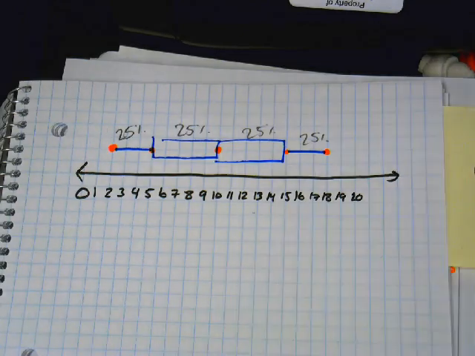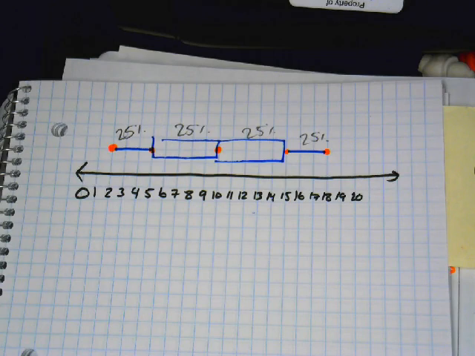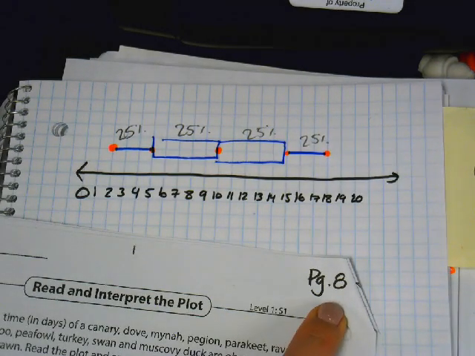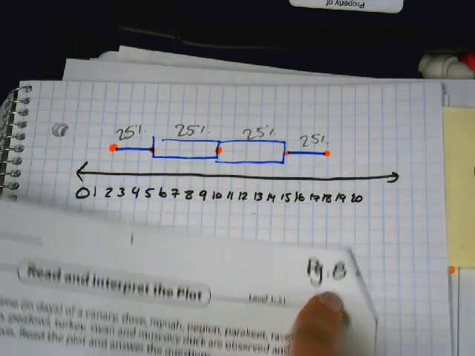All right. We're going to go into the packet. We're going to be skipping so much in the packet. We are actually going to start off on page 8, number 2. Page 8, number 2. So go to page 8, and we're going to go to number 2.